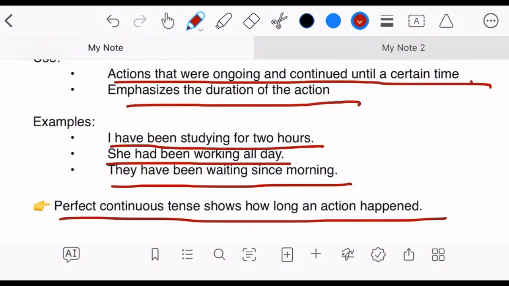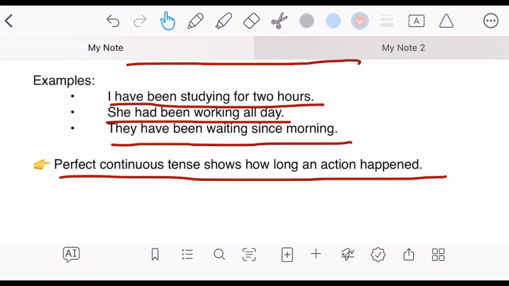Okay, and for a very simple reminder, simple tense is a habit or fact, and the continuous tense is happening right now.